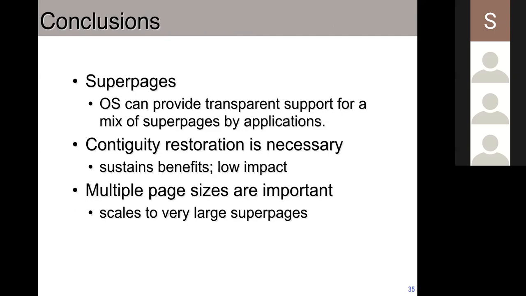So you need some mechanism to restore contiguity, because otherwise, over time, your memory is going to get increasingly fragmented, and you're going to lose the benefits. And they also show that for many applications like MCF, having multiple superpage sizes is important, because that way you can allocate superpages that fit the object or memory allocation size, and that way you can reduce the internal fragmentation. Okay.